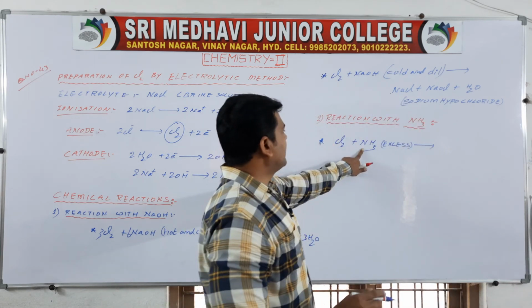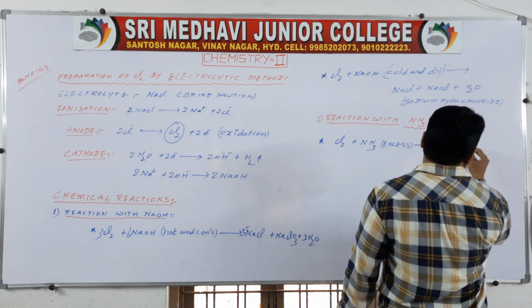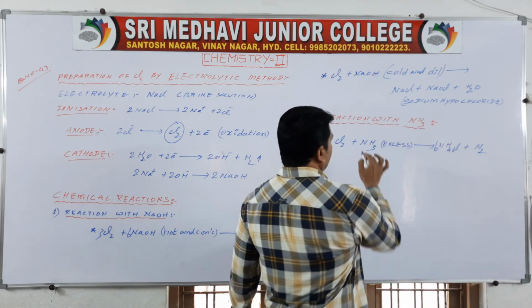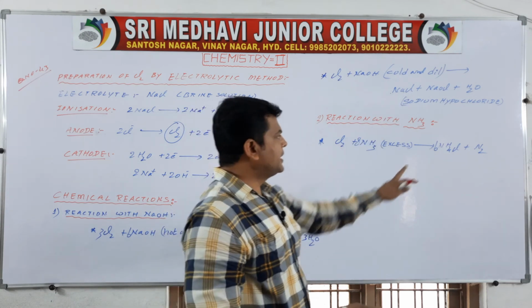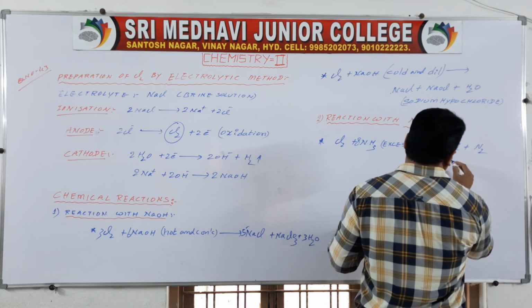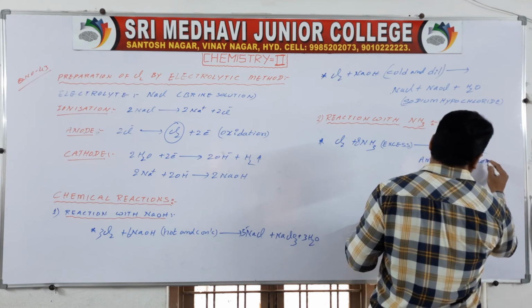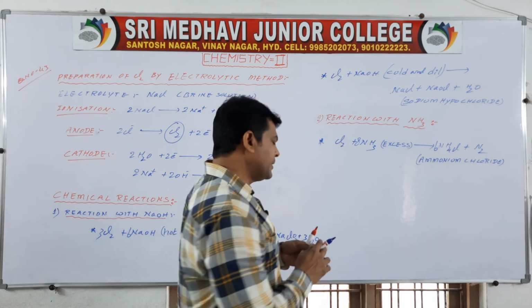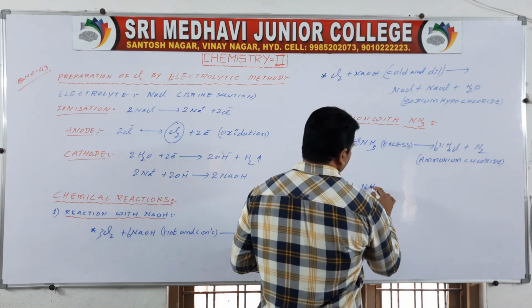See here, NH3 reacts with Cl2 to give NH4Cl plus N2. If you take 8 and 3, then nitrogen gas is evolved. See here, it is ammonium chloride.